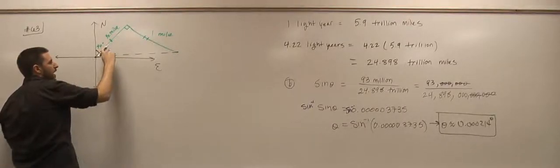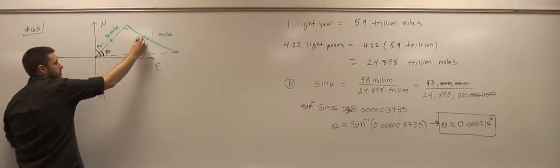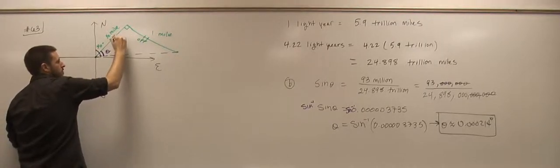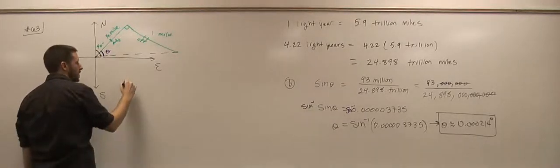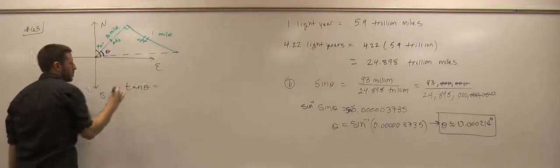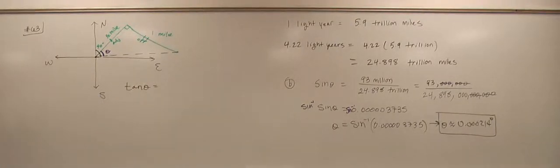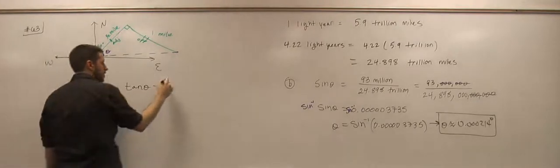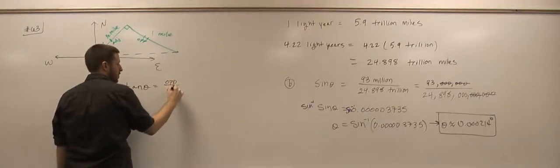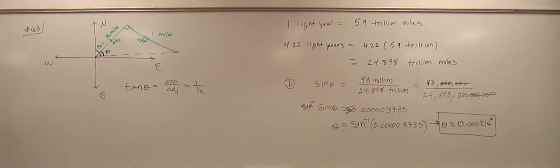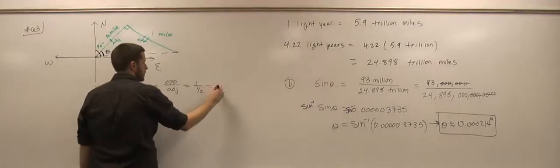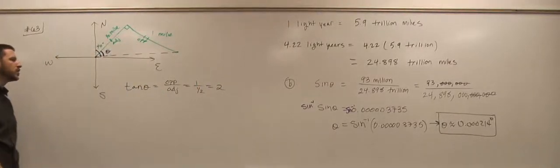According to this angle, I have opposite and adjacent, so we can set up a tangent equation. Tangent of theta should equal opposite over adjacent, 1 over 1/2. Flip that up, you get tangent of theta equals 2.